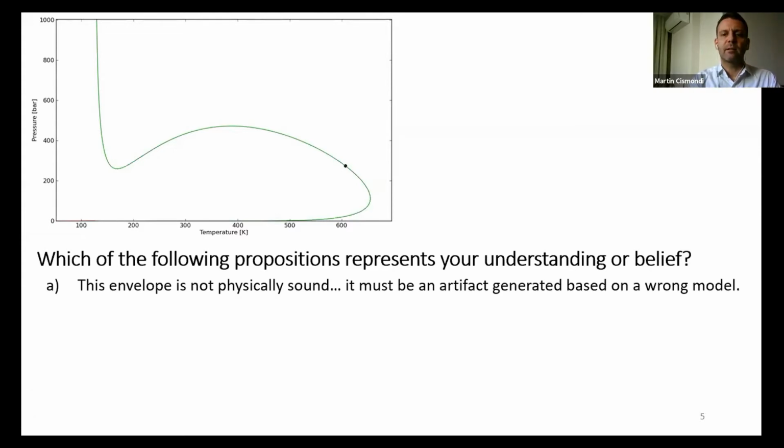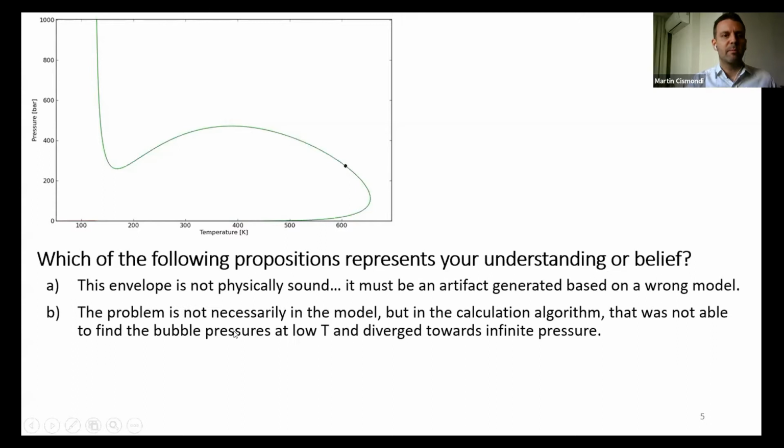It must be an artifact generated from some wrong model, maybe. If you think like that, that is proposition A. Then proposition B is saying the problem is not necessarily in the model, but in the calculation algorithm that was not able to find the bubble pressures at low temperature and diverges towards infinite pressure.